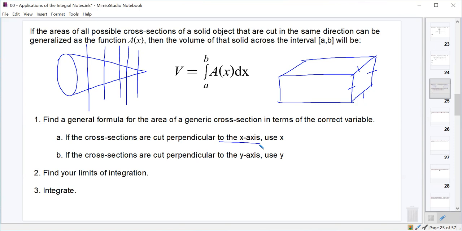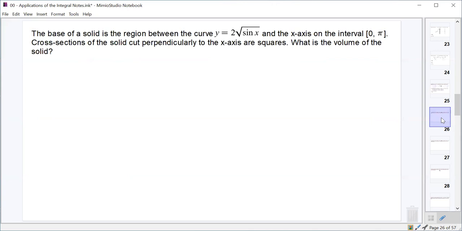And if we're looking at cross sections cut perpendicular to the y-axis, we're going to have to use y as our variable. Then we're going to find our limits of integration, find a formula for the area of each of the cross sections in generic terms, and then integrate across our entire region. And that's the whole basic idea of what we're going to look at here.